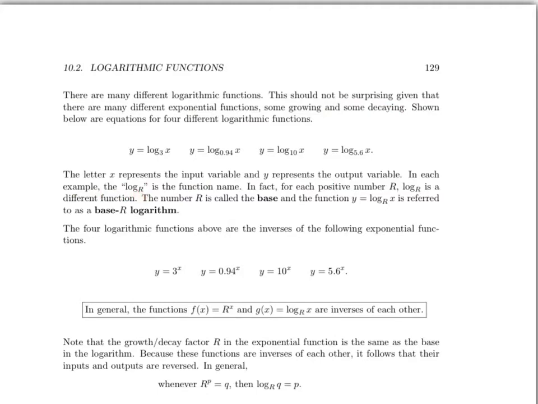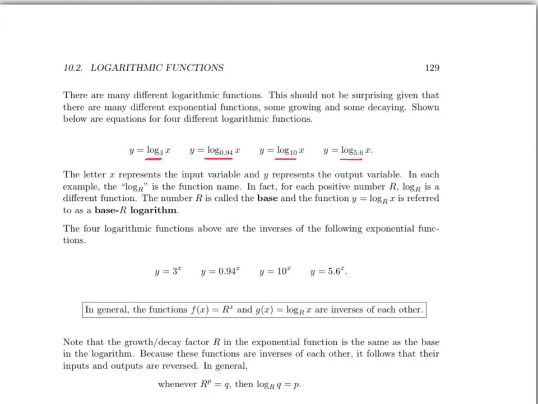So for example, log 3 is the name of this function, log 0.94 is the name of that function, log 10 is the name of this function, and log 5.6 is the name of that function. And in all of these cases, the letter x is representing the input.